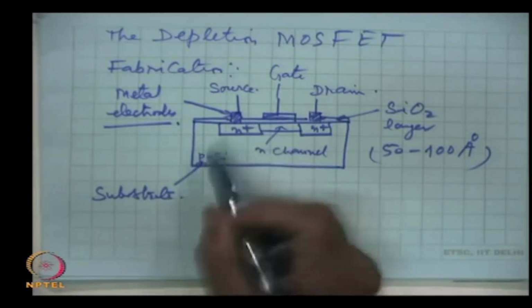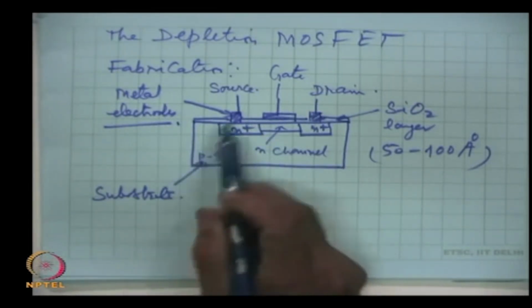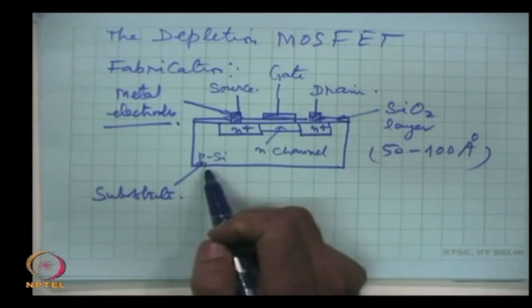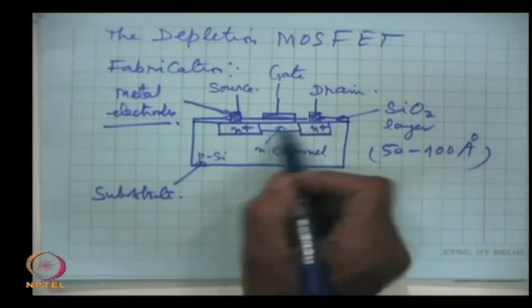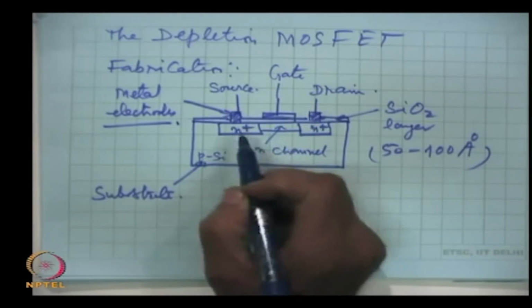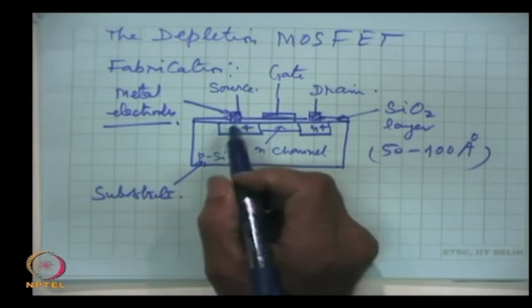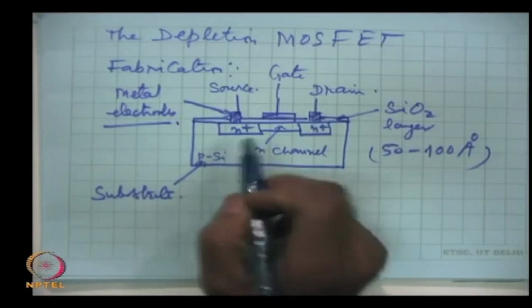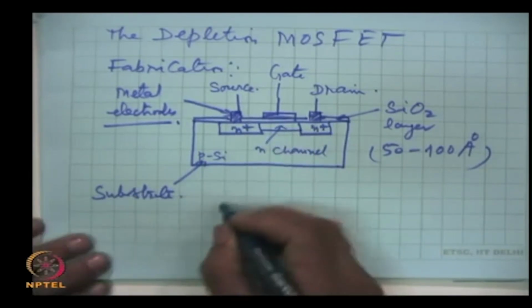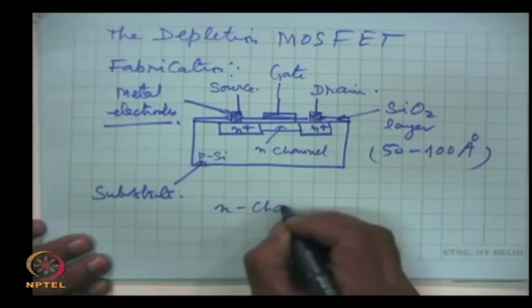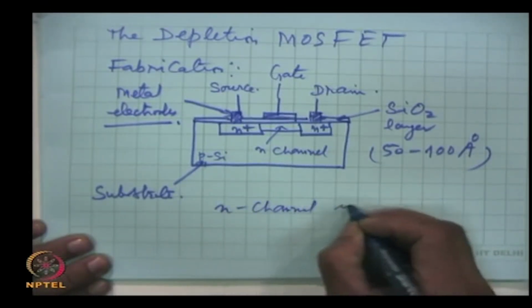This is a depletion MOSFET. I repeat all that I have done: p type silicon is taken as substrate, over which two regions are created by heavily N type doping, and in between, this N channel is implanted.